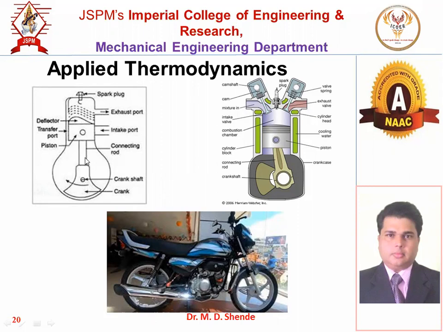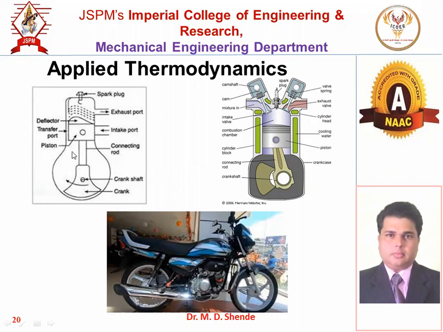This is the two-stroke engine. Nowadays it is obsolete. Such engines are not used in general. Previously it was used for two-wheelers. You may have heard about the Rajdoot, Luna, Bajaj scooters, Vespa scooters. In such vehicles, two-stroke engines were used. But due to the new regulations, this type of engine is obsolete.